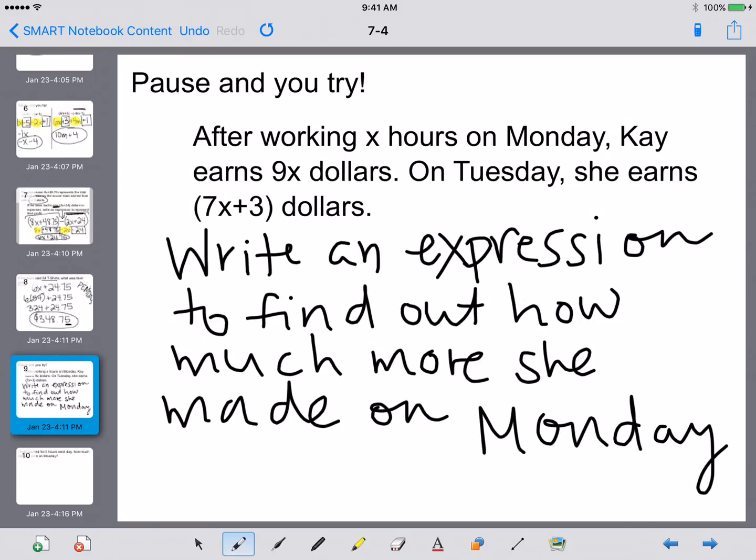Okay, so that's what you're trying to figure out. Write an expression to find out how much more she made on Monday. So now you can go ahead and pause and try to do that.